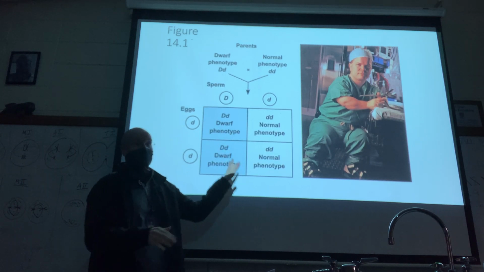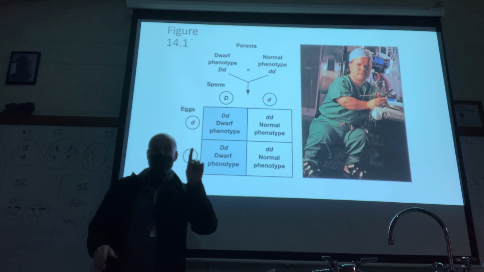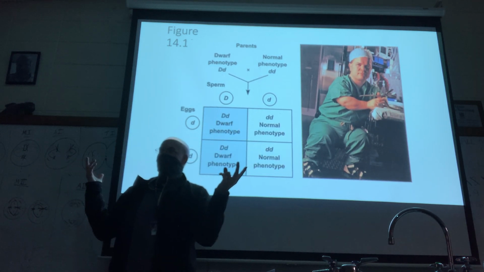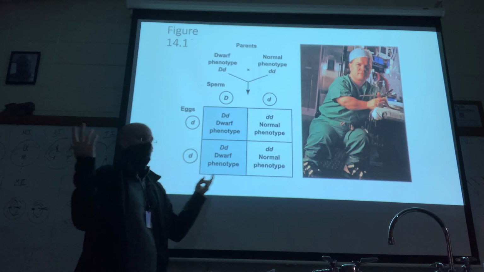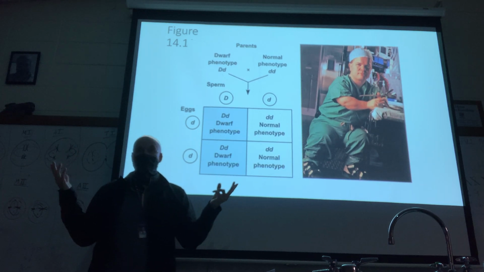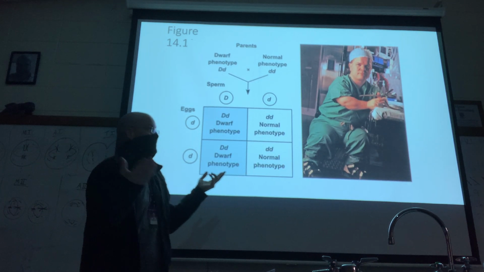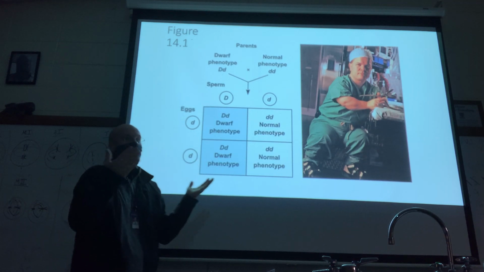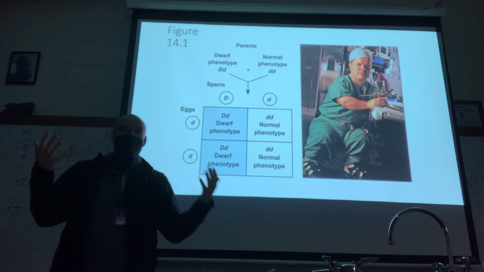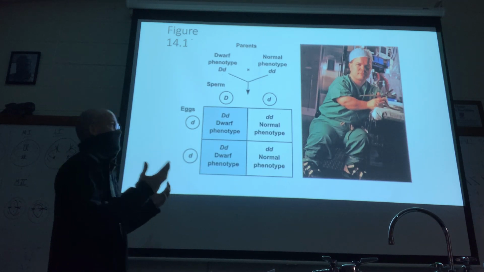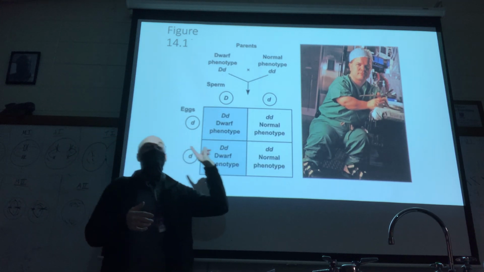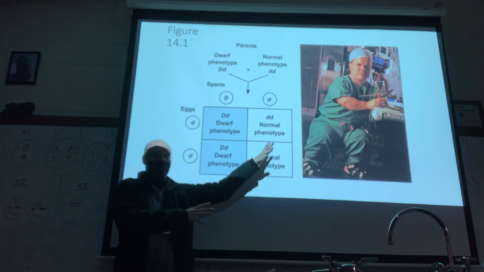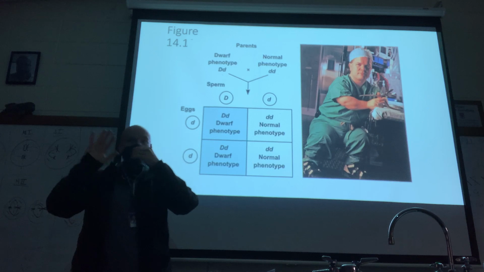This is a condition that is pretty rare and considered, I don't want to use a term that's not appropriate, but it's considered like a disorder. This is not a condition that people are necessarily hoping and praying that their children have. And it's dominant.